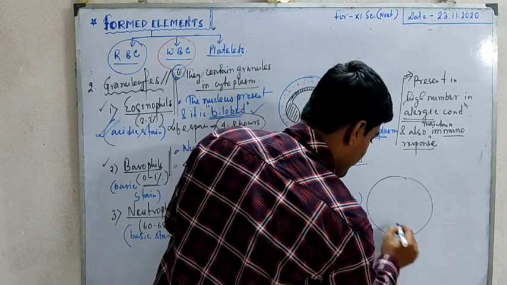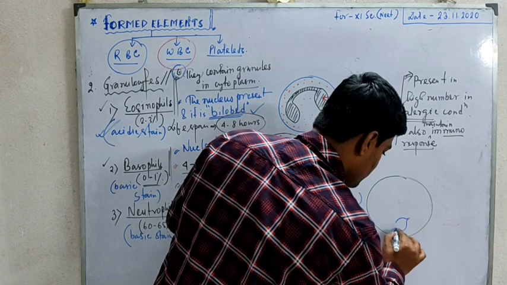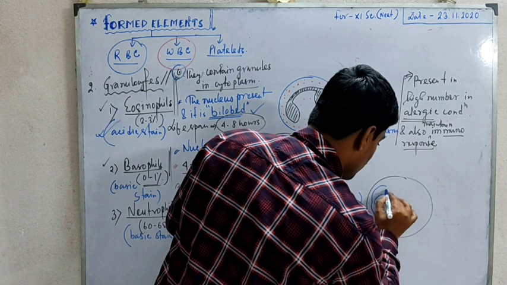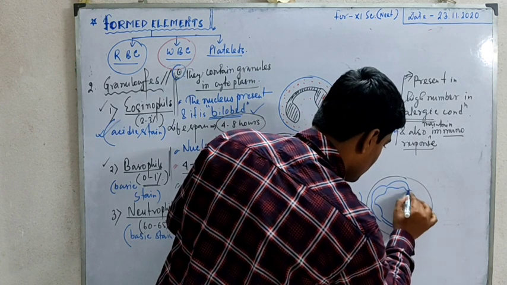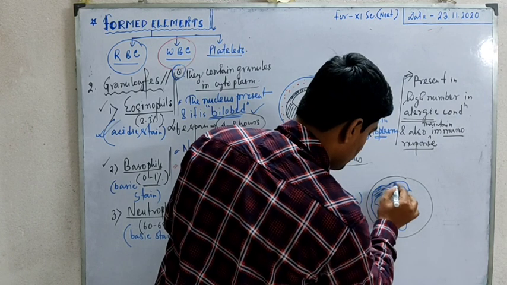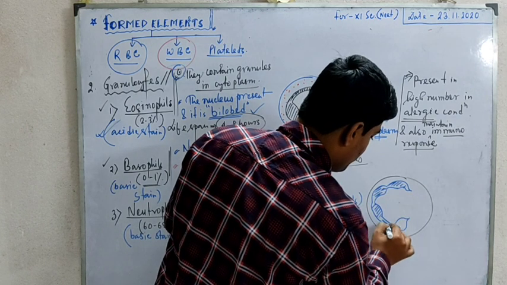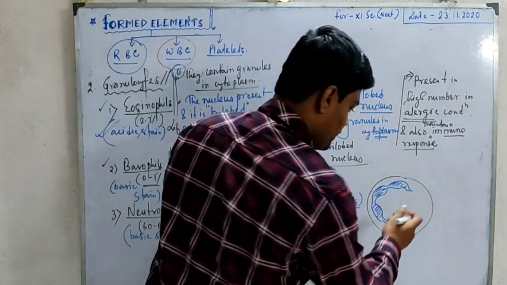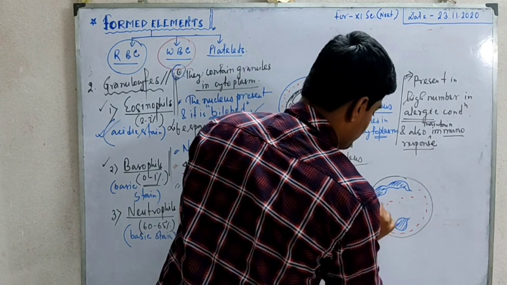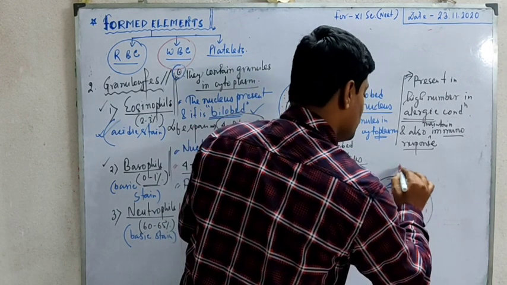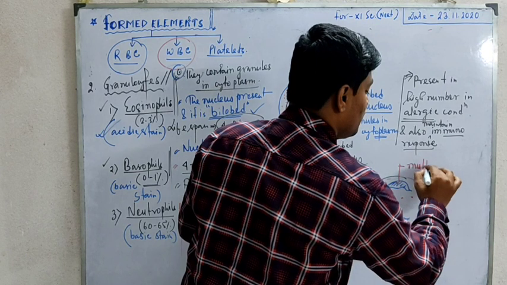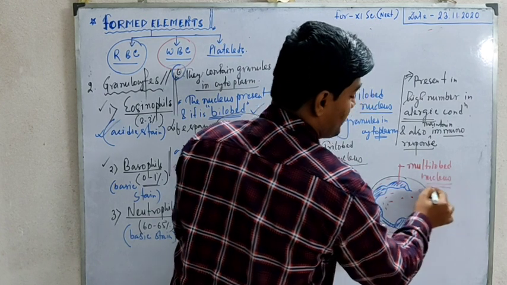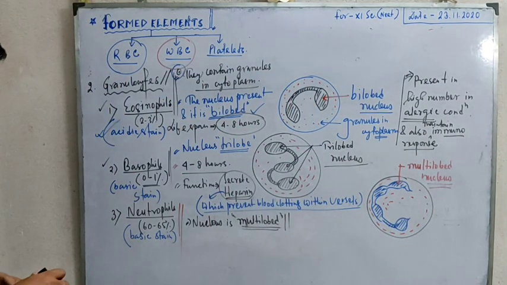Nucleus is very peculiar in structure, peculiar shape. Multilobe nucleus found in neutrophils, and also granules are present. These are the granules. Multilobe nucleus. Okay, multilobe nucleus is present.